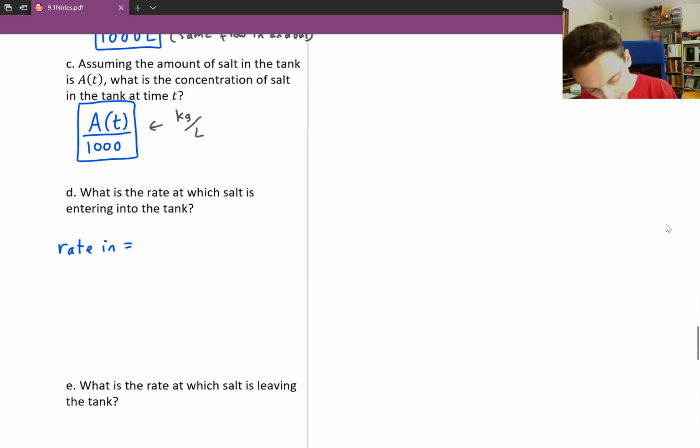So 0.03 kilograms per liter times the flow rate of 15 liters per minute.